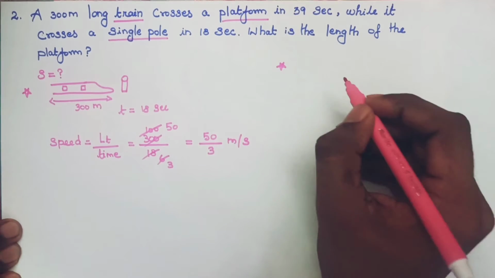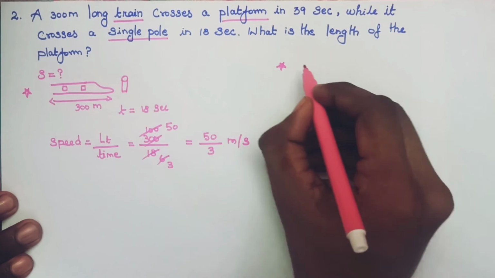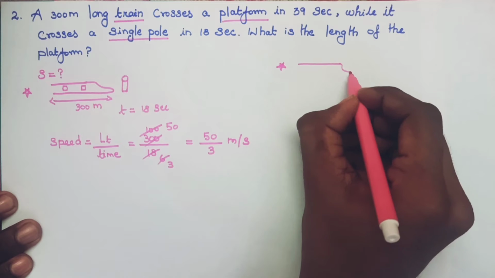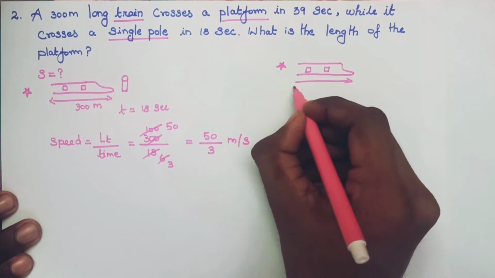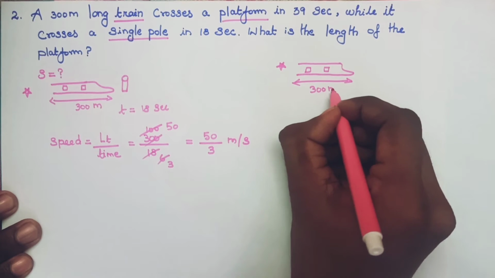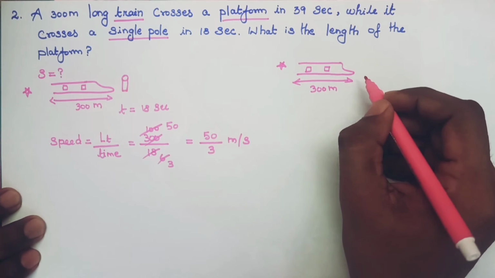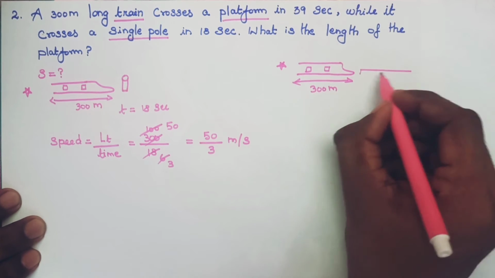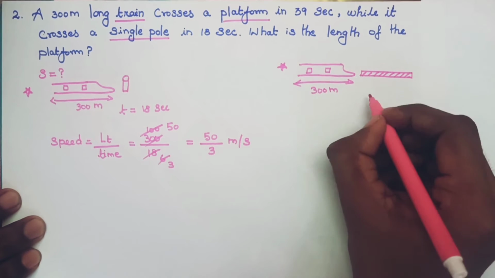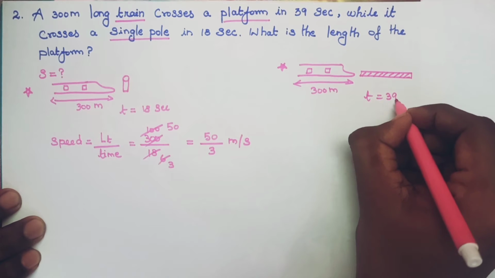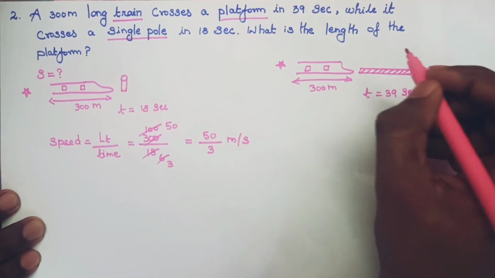Then again go for the question. A 300 meter long train crosses a platform. Here is the platform. In how many seconds? 39 seconds.